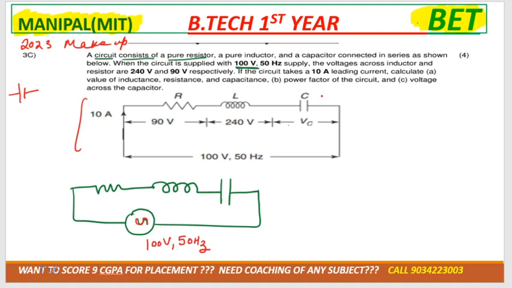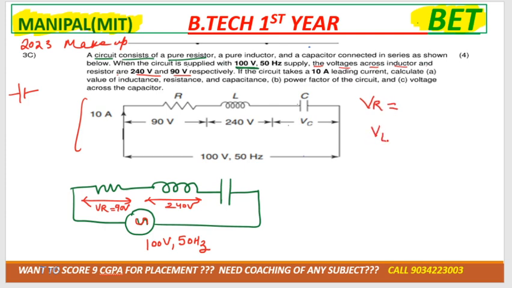Okay, always. Next they said that the voltage across inductor and resistor are 240 volt and 90 volt. The voltage across inductor is how much? 240 volt. And voltage across resistor is how much? 90 volt. Now you know the formula of VR, right?